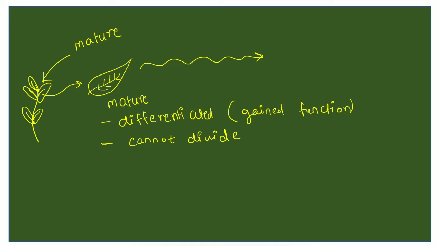I'm repeating again. In culture condition, you are going to simply revert the process, meaning you are going to convert the differentiated cell into a de-differentiated form.